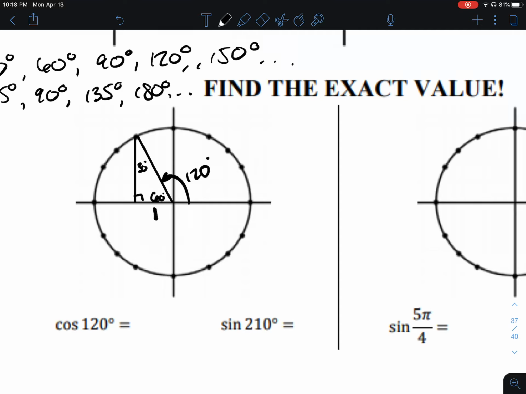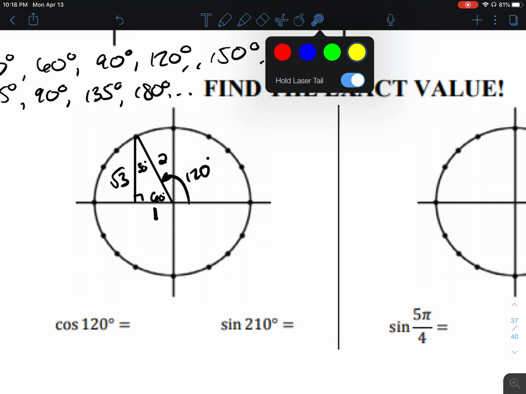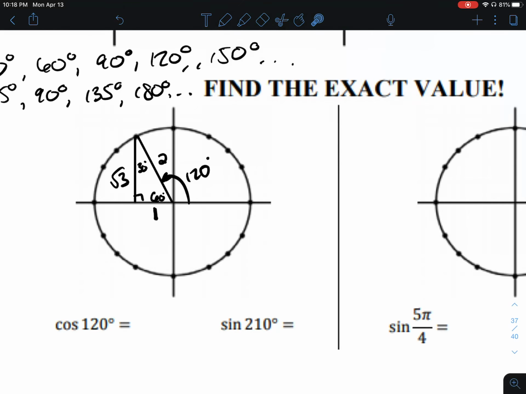You got to be careful. I just made a mistake. I'll come back to that in a second. The hypotenuse is twice as big as the short leg, and the long leg is the short leg times the square root of 3. Now, the part you got to be careful about is you got to make sure that you have your signs correct. This 1 should be negative because we went left. Square root of 3 should be positive.